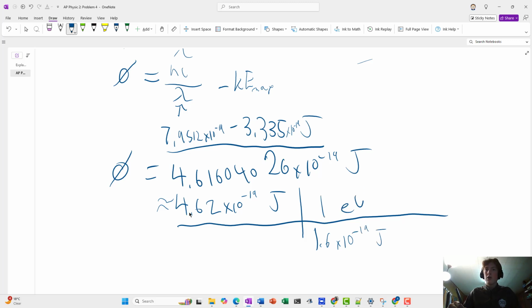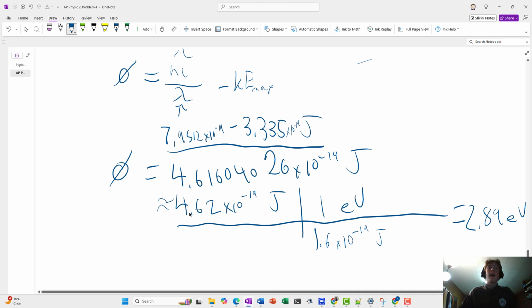So we can just divide it by our electron volt value of 1.6 times 10 to the negative 19th joules to cancel the units, and we get 2.89 electron volts.